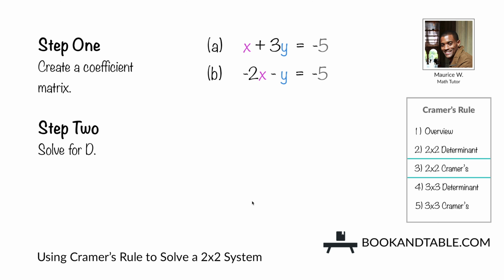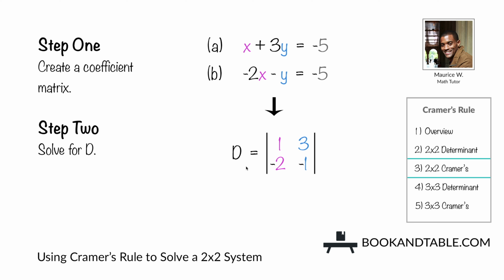So step 1, we want to take our 2x2 system and create a coefficient matrix. The first column, the coefficients of our x variables, will be positive 1 and negative 2. The second column will be the coefficients of our y terms, which would be positive 3 and negative 1. So the determinant of the system will be equal to this 2x2 matrix.